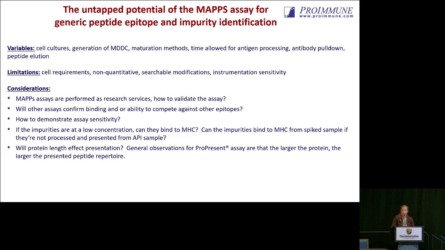We know these impurities are going to be at low concentration, so are we going to be able to see them being presented from the API, or are we just going to be able to see it when it's spiked in as either an individual impurity or as a pool? And then finally, we know that we see a large peptide presentation profile for large proteins. So what's that going to look like for shorter sequences that are less than 40 amino acids?